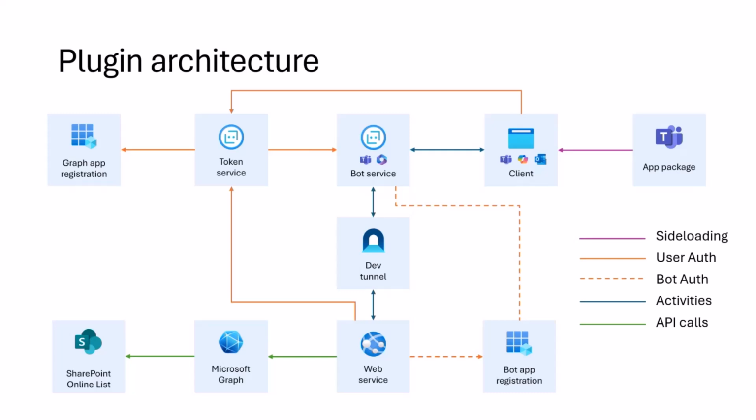The way that works is that we use a token service made available to us by the bot framework service. This is an intermediary that helps us obtain access tokens from Microsoft Graph to then use those tokens in our web service. I'll go through this as we jump into the code, which we are going to do next.